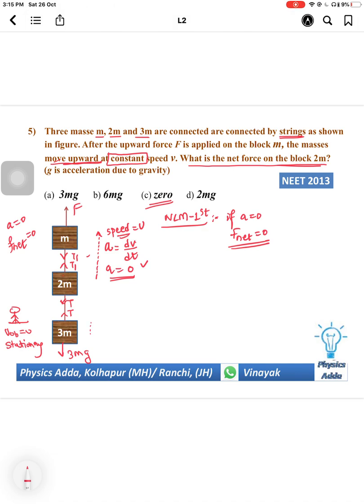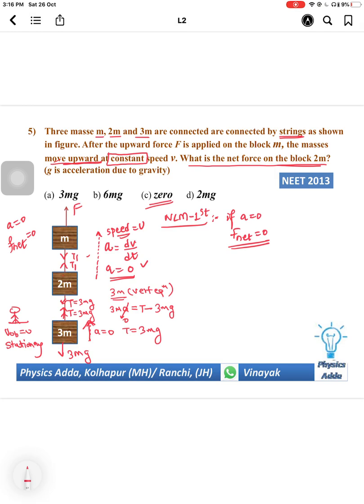Since here a is 0, what will be the equation for vertical equilibrium for block 3m? 3m into a, which is 0, is equal to T minus 3 mg. So T is equal to 3 mg, and this will also be 3 mg.